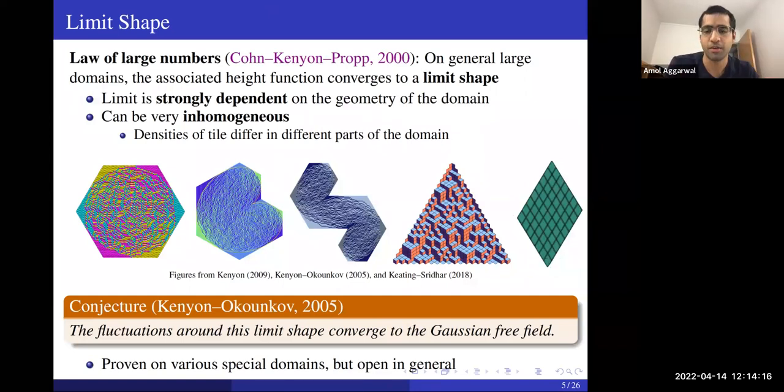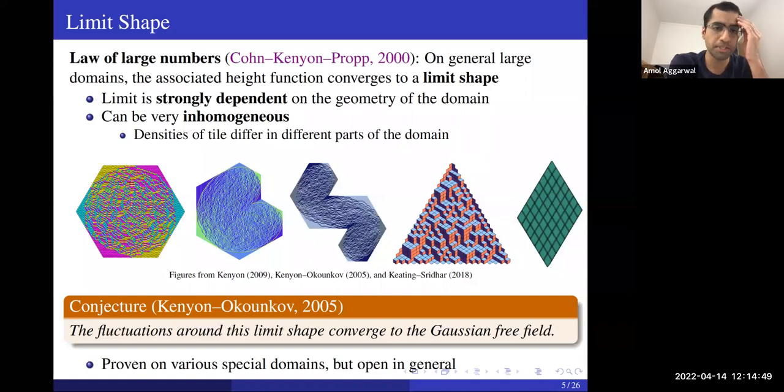If I fill in that lozenge, I'm again forced to have two other vertical rhombi above it. In this way it propagates up, and this only allows me one tiling of the full domain. This is what we often call a frozen domain. So this domain is kind of boring, and the other ones are more interesting. But hopefully that should already convince you that the limit shape, or in general the phenomenology behind these tilings, is strongly dependent on the geometry of the domain.